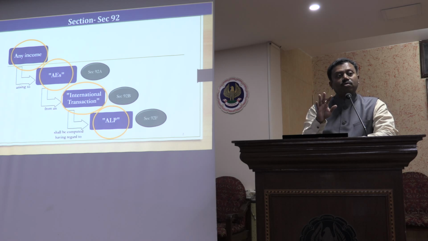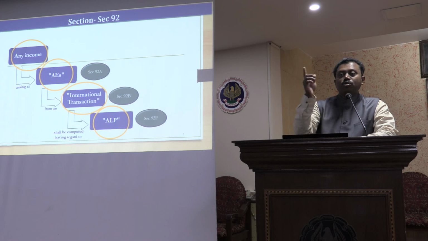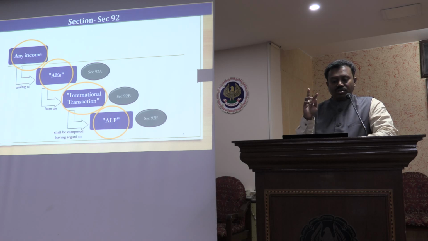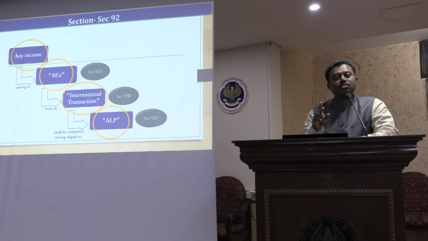If so, it is unfit to be a comparable and hence you cannot use the transaction that you are trying to compare with, whether it is arm's length or not. Correct? So that is why it is important to understand related party transactions, unrelated party transactions. And for related party transactions, the objective is to ensure whether it is at arm's length.